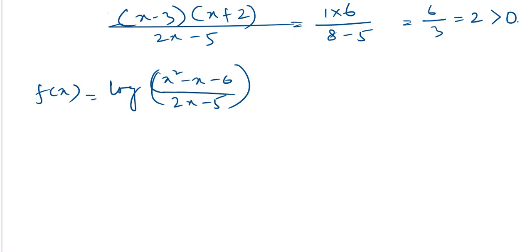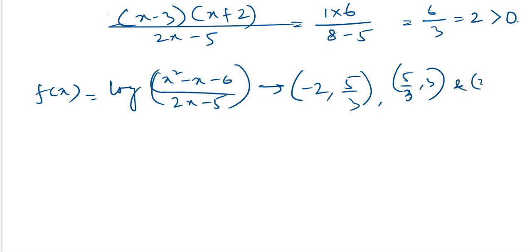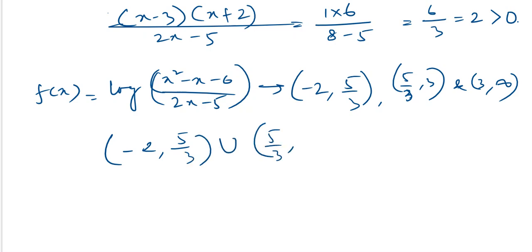It is defined on the positive intervals: minus 2 comma 5 by 2, and 5 by 2 comma 3, and 3 comma infinity. So the combined domain, excluding the points where the expression is 0 or undefined, is minus 2 to 5 by 2 union 5 by 2 comma 3 union 3 comma infinity.